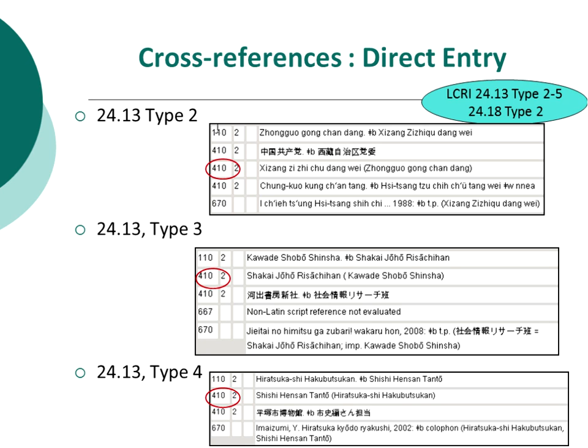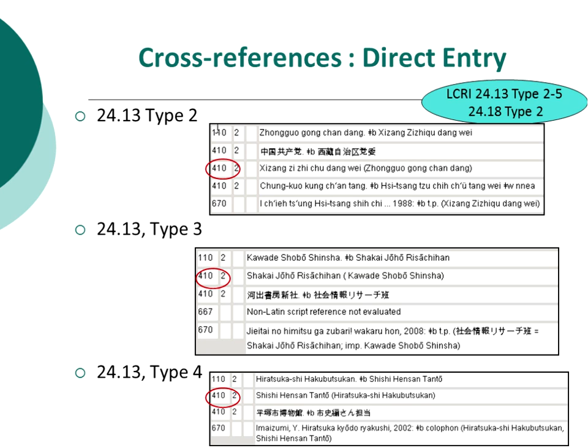So let's look at the 670 field here on the first screenshot. Yes, indeed, the name of the parent body is not appearing together with the name of the subordinate body. So in this case, both criteria have been met, and we are providing a cross-reference in its direct entry form, qualified by the parent body. I have circled in red here the second 410.